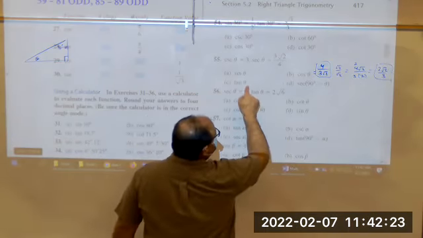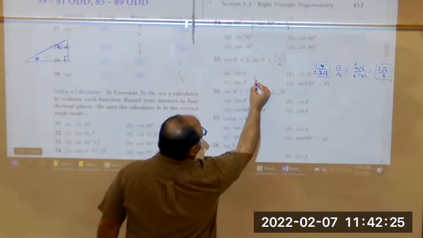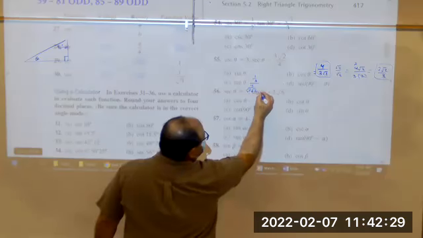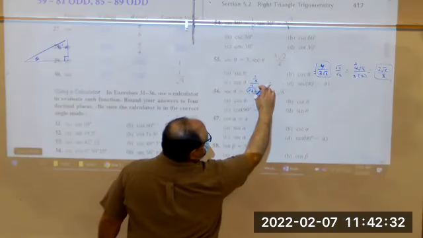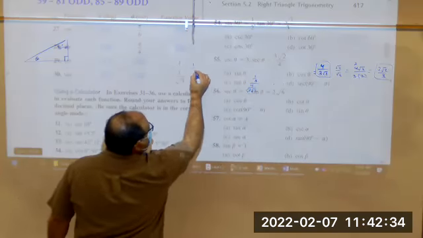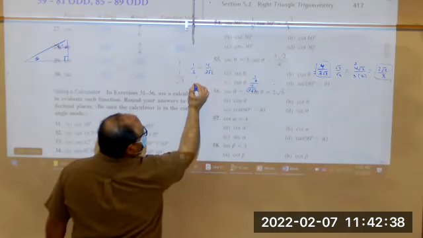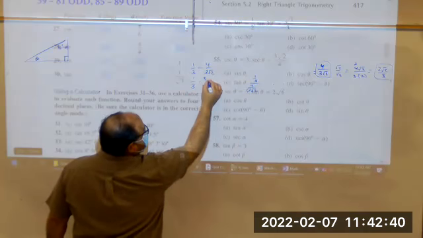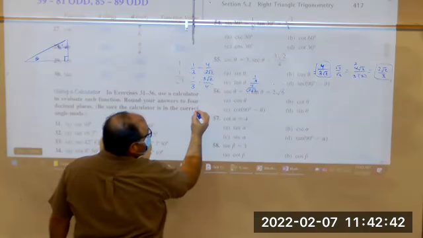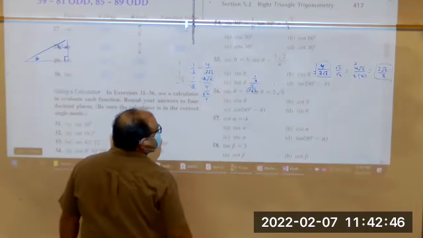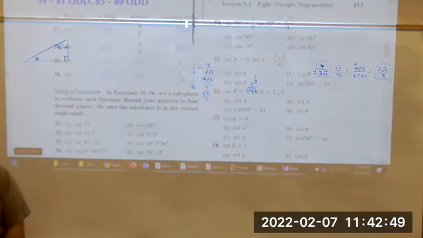Sine over cosine, so that would be 1/3 over 4/3 square root 2. Now, a fraction divided by a fraction. 1/3 divided by 4/3 square root 2 means 1/3 times 3 square root 2 over 4. The 3's reduce, you just have square root 2 over 4. And there's your tangent.